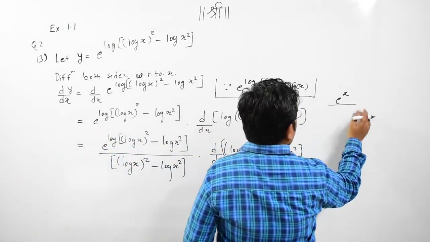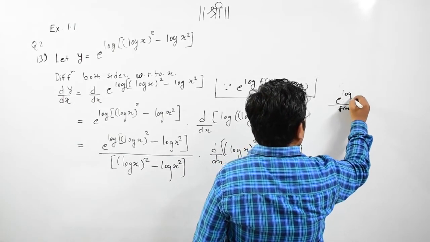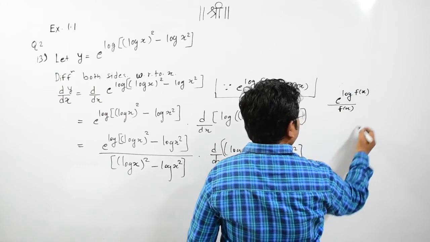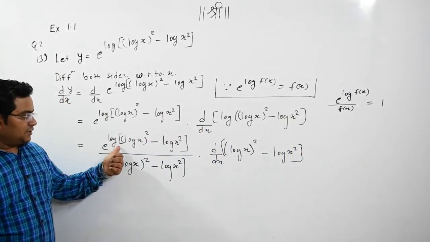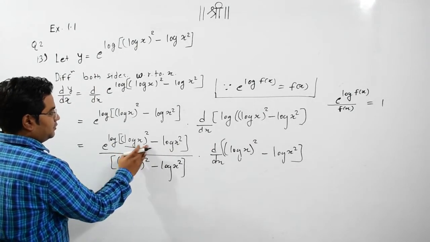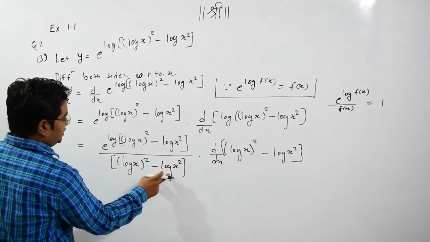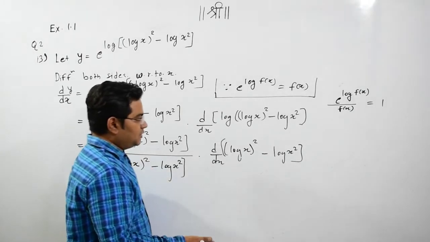So e raised to f of x, where the exponent is log of f of x, should be equal to f of x. As you can see over here, this whole term is f of x. If you compare with that formula and divide by f of x, then e raised to log of f of x divided by f of x should be equal to 1.